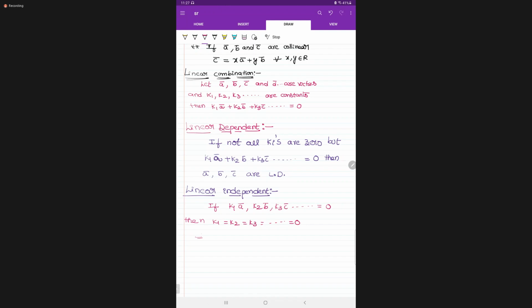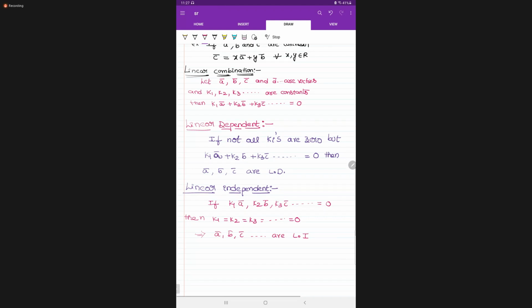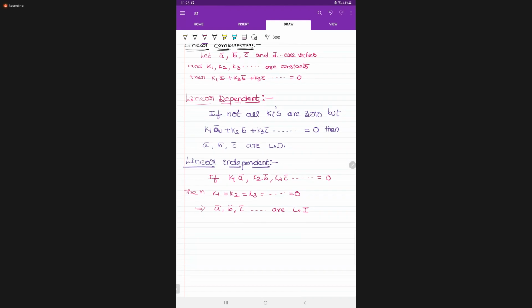That implies A bar, B bar, C bar are called linear independent. These are all confusing, so that is why there is another method also.